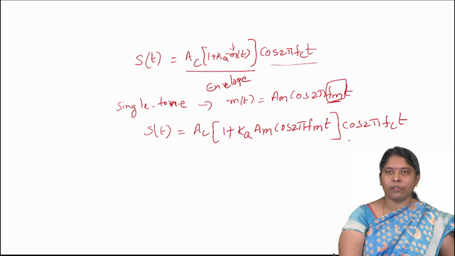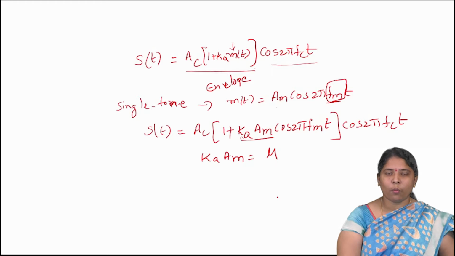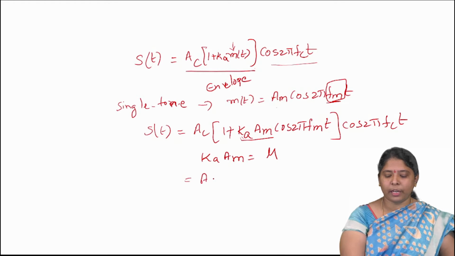This is the equation for single tone AM, and we assume Ka into Am as the term mu. Mu is called the modulation index of the AM wave. Now the equation becomes Ac into 1 plus mu cos 2 pi fm t, multiplied with cos 2 pi fc t.